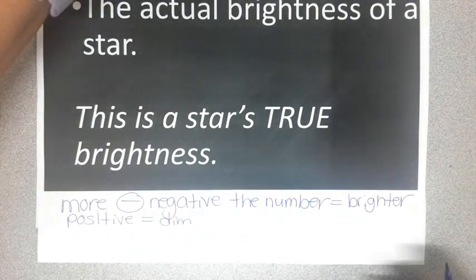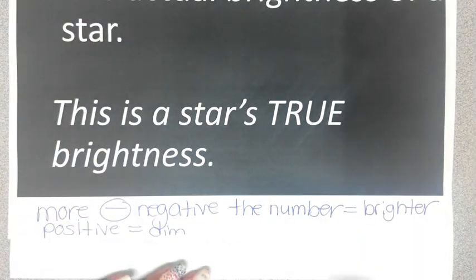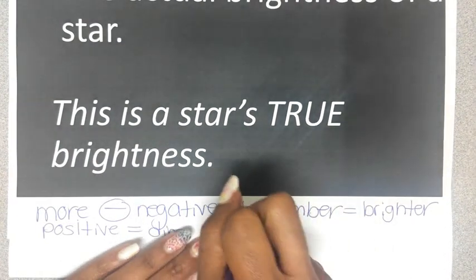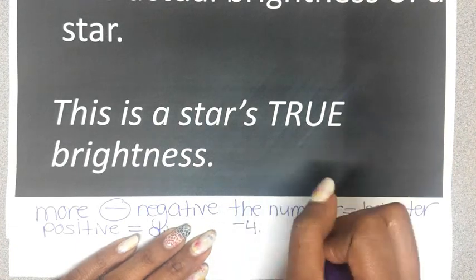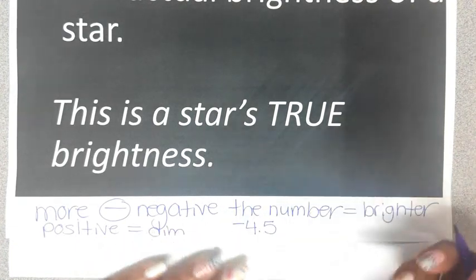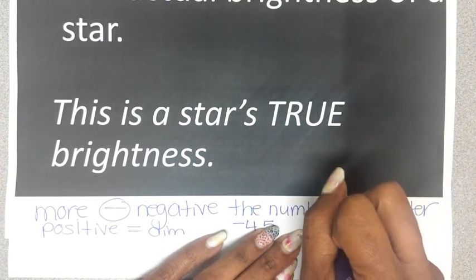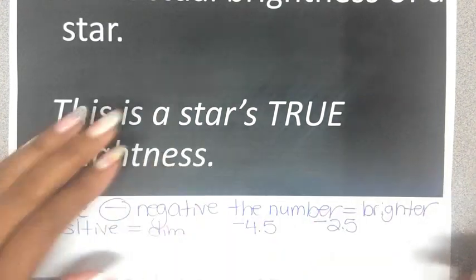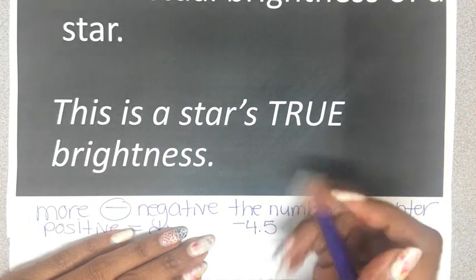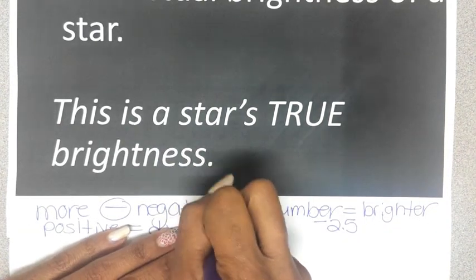Okay? And we did this on the worksheet practice that you did in class. So if I have a star whose apparent magnitude is negative 4.5, and I have another star's magnitude that is negative 2.5, this star is going to be brighter because it is the more negative number.